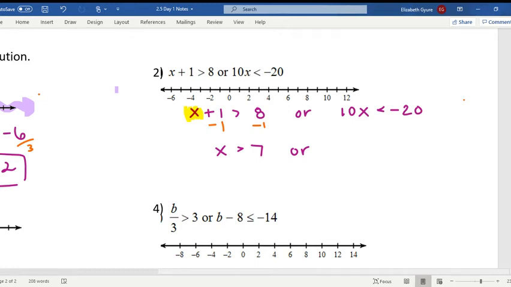So we have 10x is less than negative 20. What would be my opposite operation here on the right? 10x is less than negative 20. What would our opposite operation be?